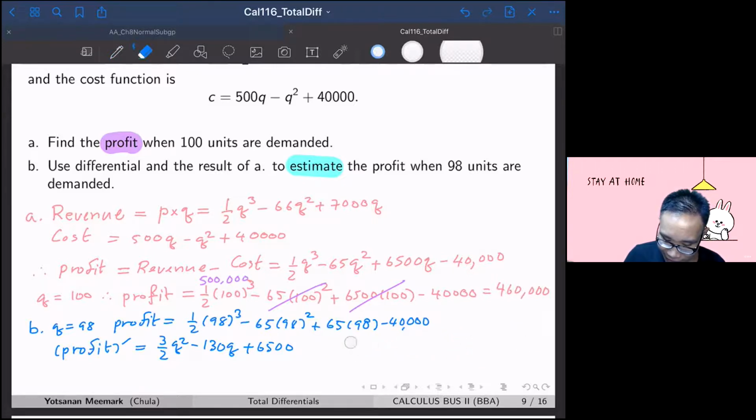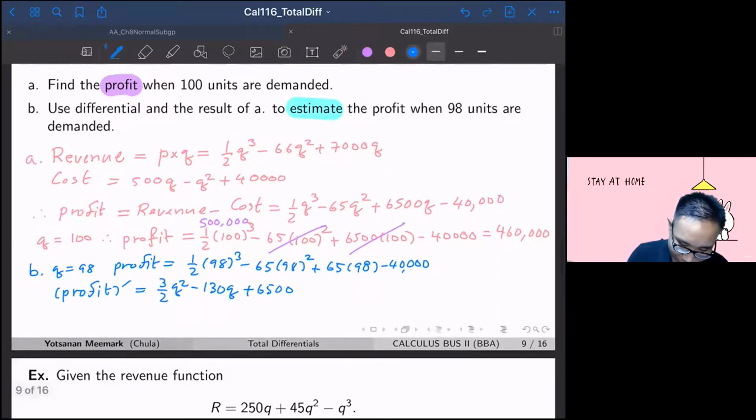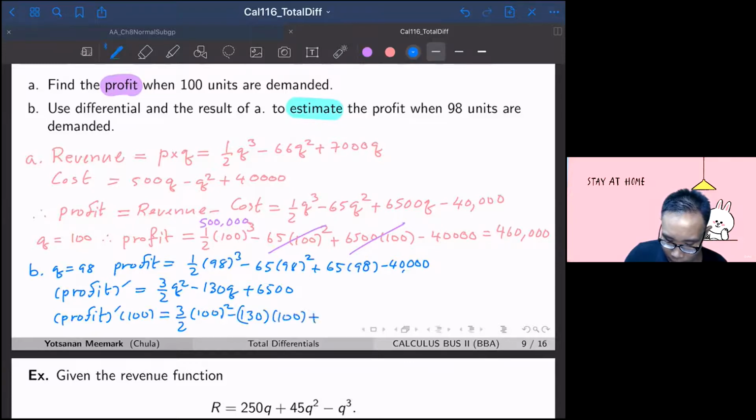I need space in order to compute this number. So you have profit prime at 100. It's going to turn out to be 3/2 times 100 squared, minus 130 times 100, plus 65,000. So this one turned out to be 1.5, and how many zeros do I have? I have 4 zeros.